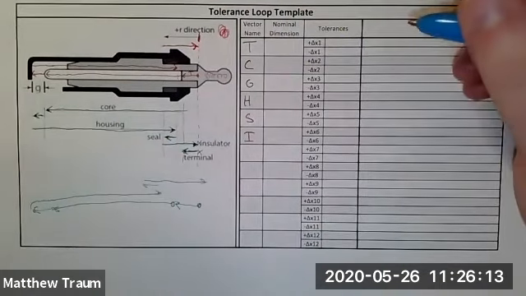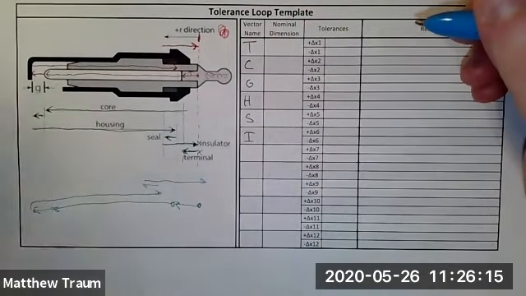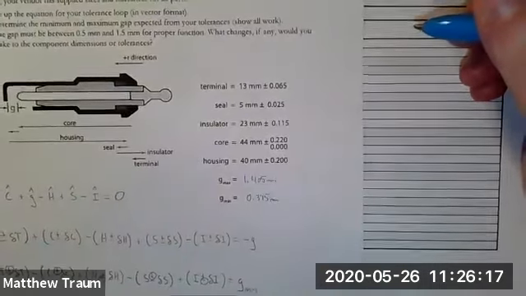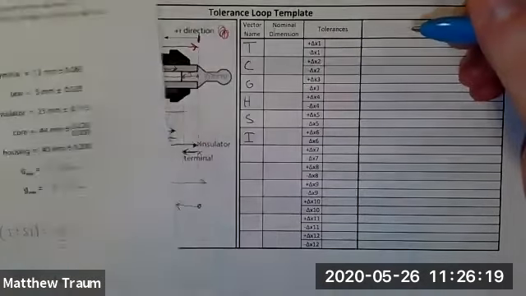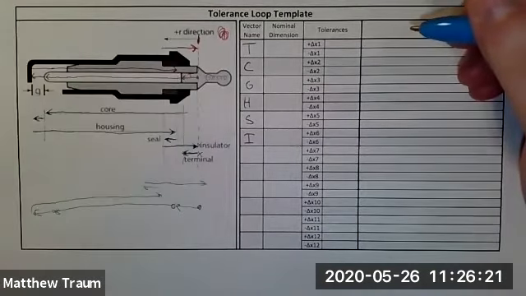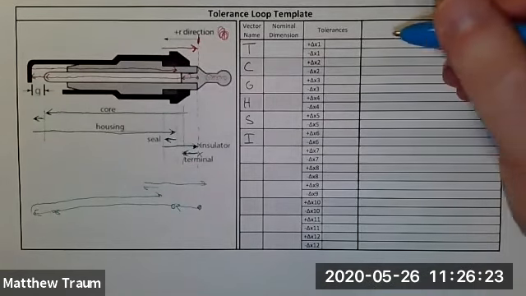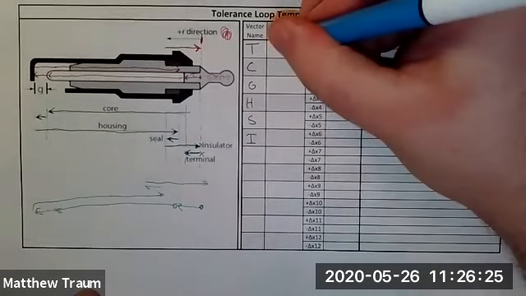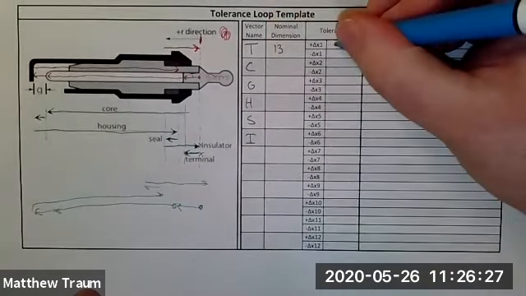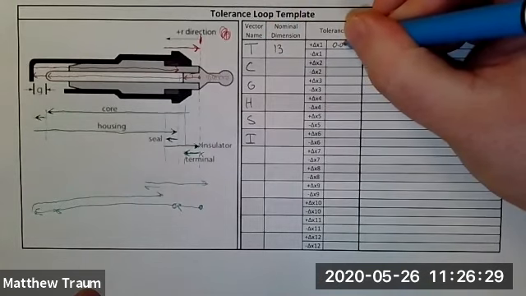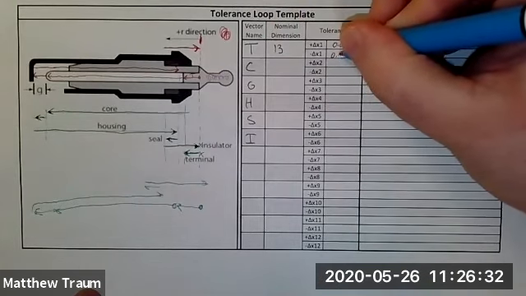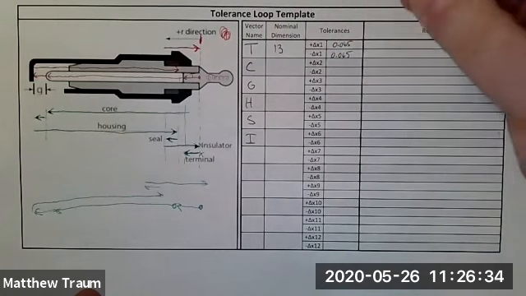And remember, I've got the nominal dimensions and some of the tolerances from the problem statement. So let me see here. Hopefully you'll trust me to copy them correctly. So the terminal is 13 millimeters, and the tolerances are 0.065 in the plus and 0.065 in the minus direction.